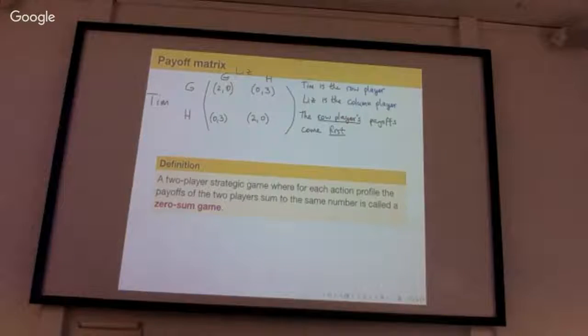So the 2 is Tim's payoff, and the 0 is Liz's payoff. That's the choice we make forever, and this is it.